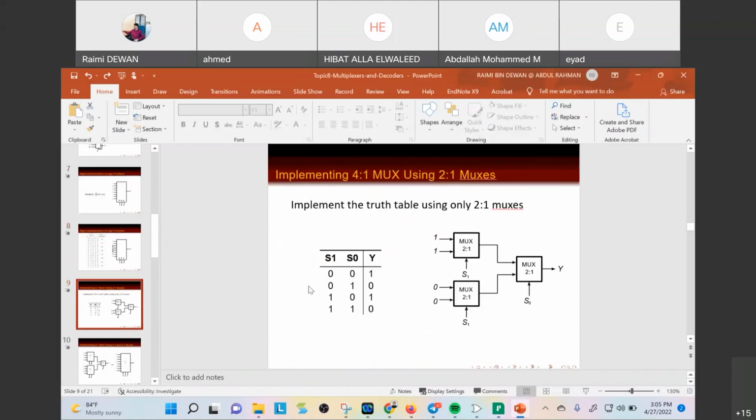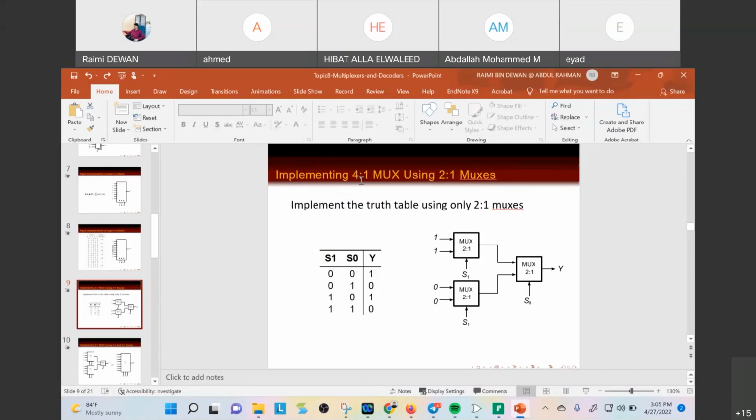So this is again, for example, if you want to implement a 4 to 1 mux. Let's say we want to realize a bigger mux operation initially. However, we only have a smaller multiplexer. It's okay, we can still go around it.